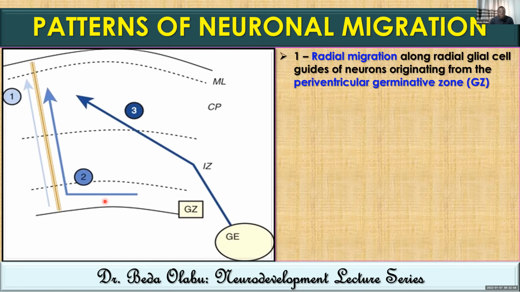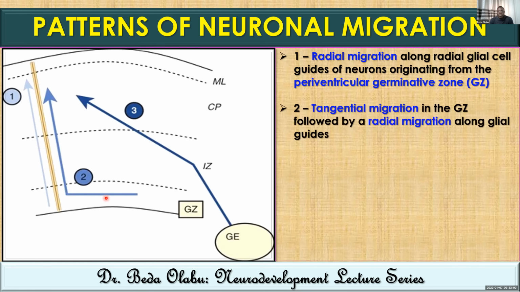Compare that with the one labeled 2, which is now showing us a tangential trajectory pattern, where some neurons migrate in a transverse path along the transverse surfaces of the neural tube wall.